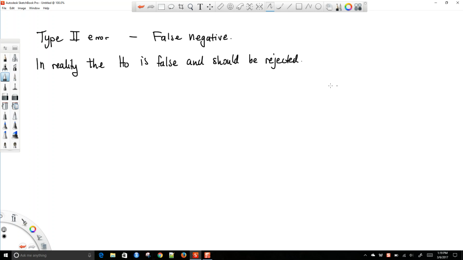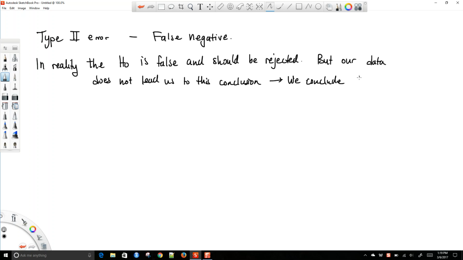But our data, for whatever reason, does not lead us to this conclusion. Okay, and so we conclude, do not reject the null hypothesis. And so that's the type 2 error.